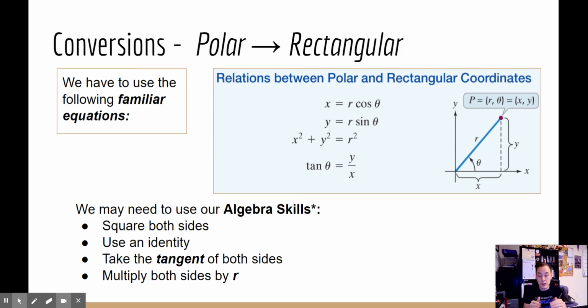Now, these are just a couple of the ones that we will be using. I will show each of these in the next slide and how to relate to each of them, how I can get the rectangular equation from each, using each of these algebra skills or strategies. However, these are definitely not the only ones that you will use, okay? But primarily, these are the ones that you will use. So, it kind of looks maybe a little scary, but I promise you it's not.